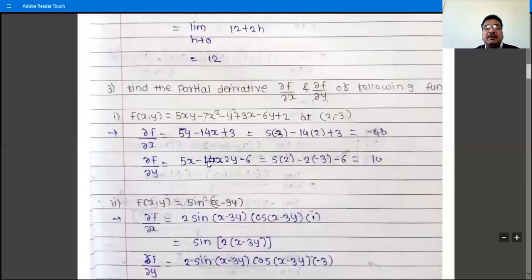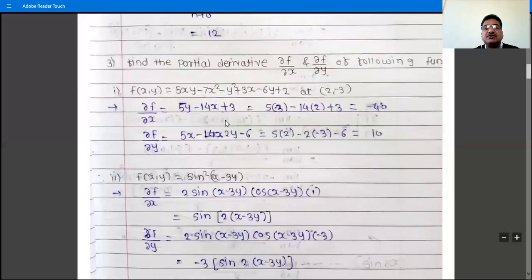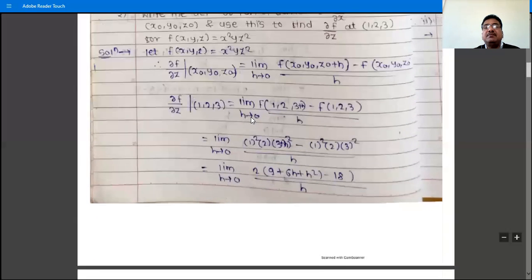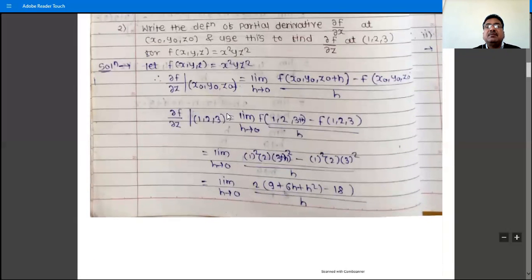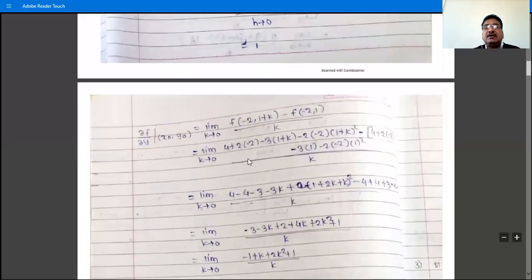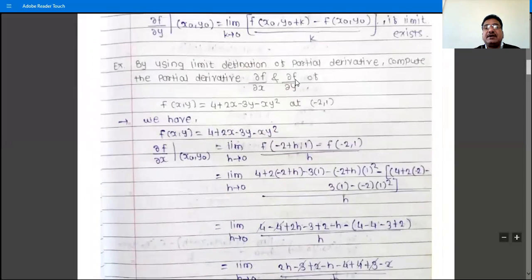Here is also a problem. Directly we can solve it, but the question says find the partial derivative by using the definition of partial derivative. So this is the definition of partial derivative. At (1, 2, 3) the function is given. This is a 3 variable function, this is a 2 variable function, ∂/∂x at (-2, 1).